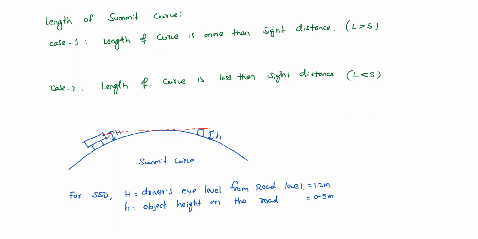The driver should be able to see that object clearly. So the distance is stopping sight distance. This much distance should be available, this distance available should be SSD. This is the case. But if you want to provide the length of curve for ISD or OSD, then the requirement is like this.